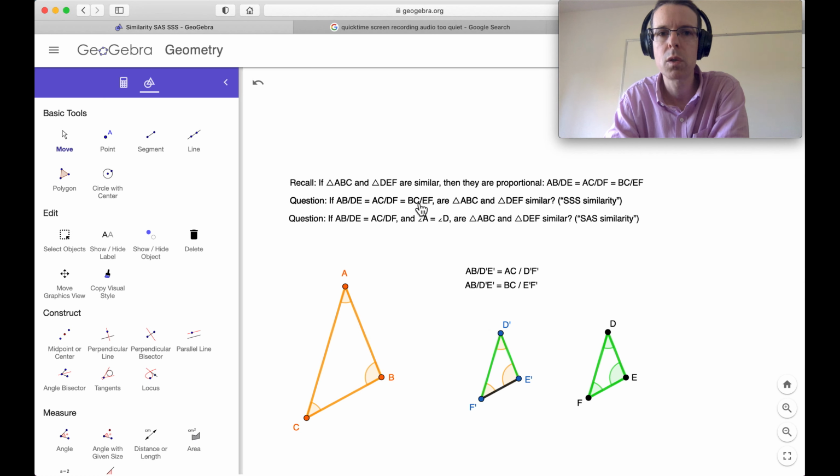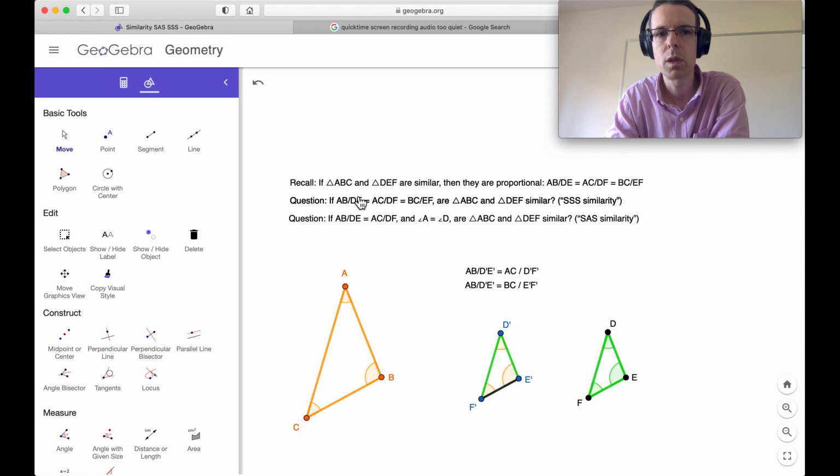Now, if I don't have this third equation because I'm in the second case, then I might also know that angle A equals angle D. If I know that angle A equals angle D, then I know that angle D prime also equals angle D. And then I know that these two on the right are congruent, not because of side-side-side, because I don't end up knowing the black length, but because of side-angle-side, because I have a match of these angles.